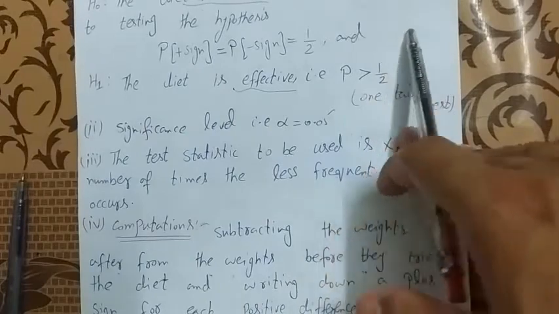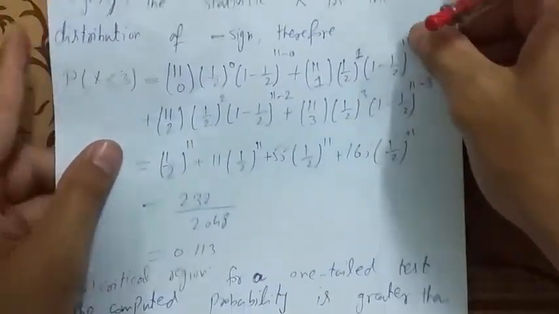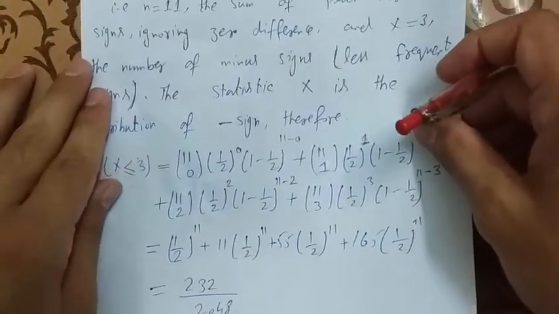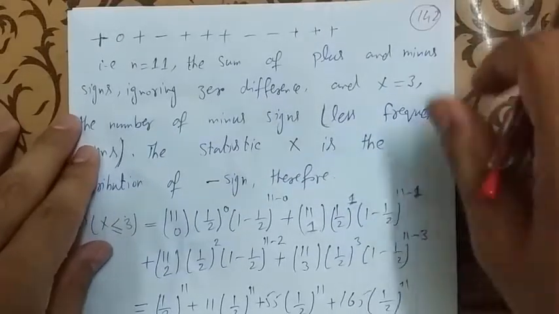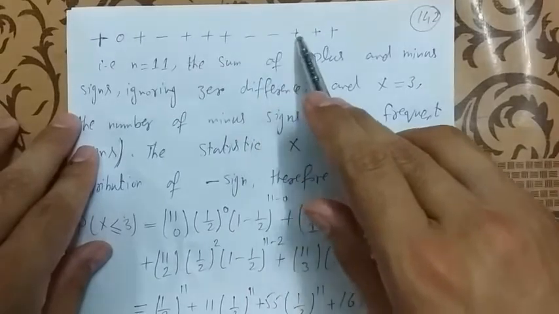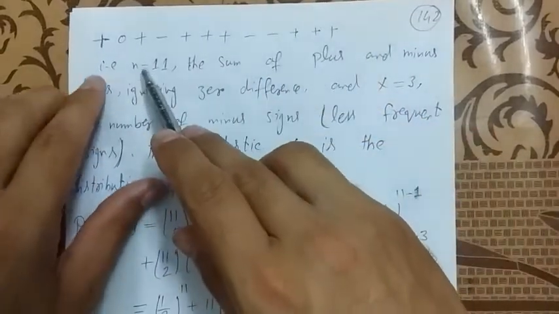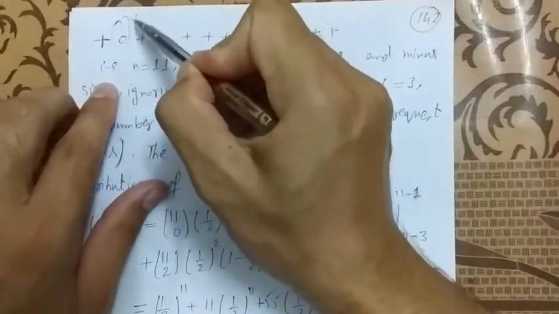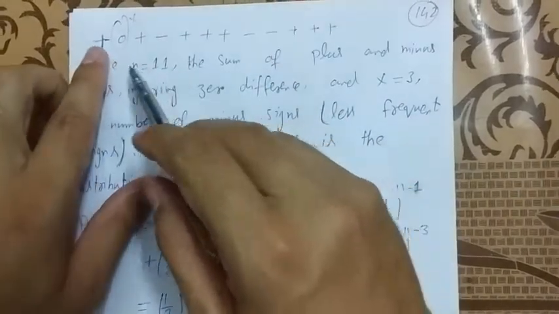When we find the differences, the signs come like this: plus, 0, plus, minus, plus, plus, plus, minus, minus, plus, plus, plus. So we ignore the 0, and n is equal to the remaining, which is 11.